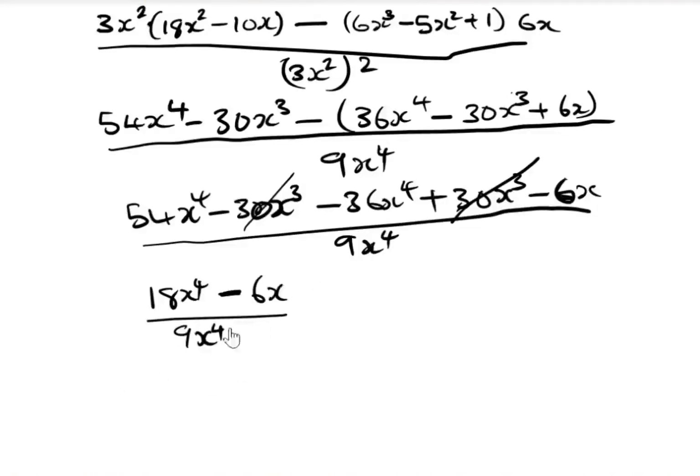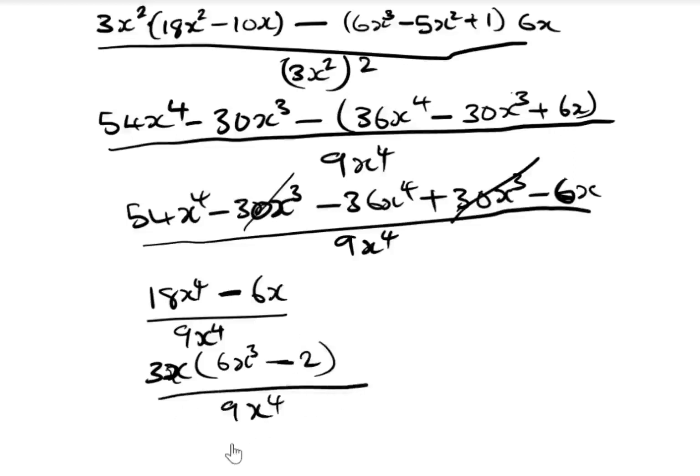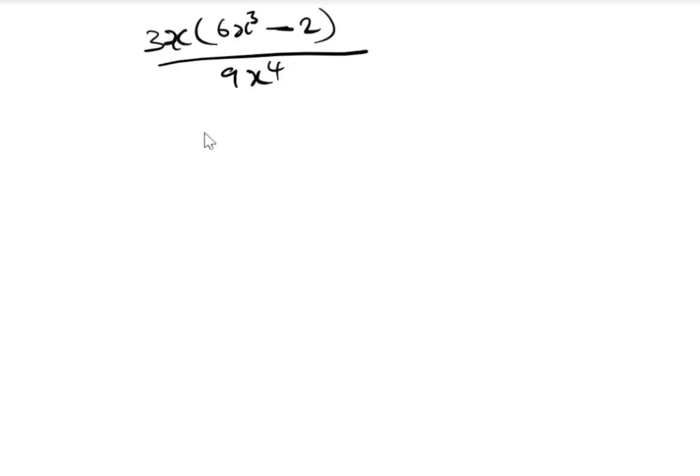You can choose to simplify further by factoring out 3x. I have 3x into 18x power 4 divided by 3x will be 6x cubed, minus 2, divided by 9x power 4. 3x can reduce 9x power 4, and that will be 6x cubed minus 2, over 3x cubed.